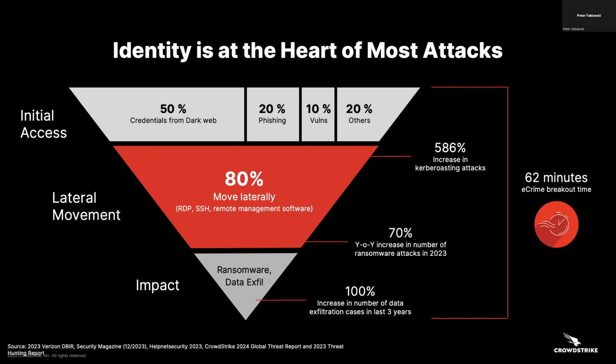I forget the exact number, but from our last global threat review, I want to say it was under 2 minutes that threat actors can laterally move and go from lateral movement down to impact, whether it be data exfiltration or ransomware execution. So again, the net is identity is an issue. It's a problem we have to solve. So let's get into how we help our customers solve that.